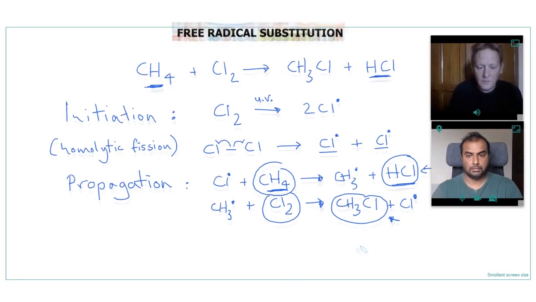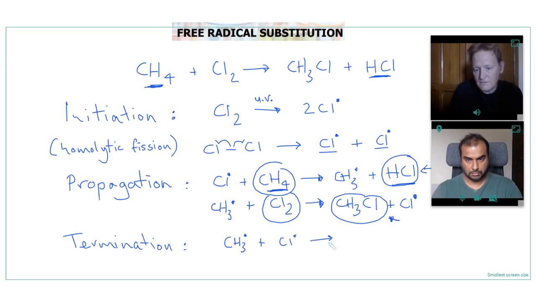And then the final part of this mechanism is called the termination step, and that's where any 2 free radicals combine. So it could be another way of forming our haloalkane, because the CH3 radical could react with the chlorine radical to give us CH3Cl.